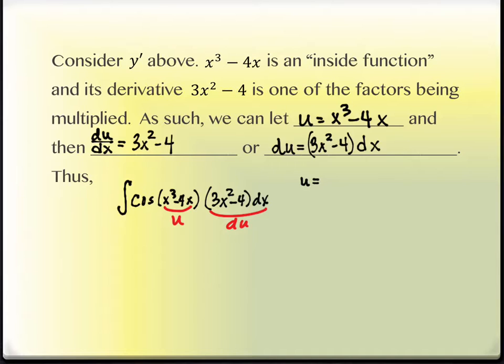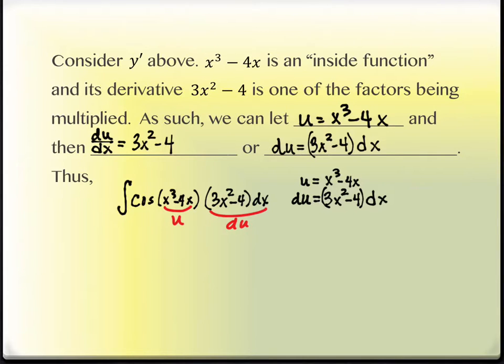We say, okay, u equals, and it's the inside function, it's the x cubed minus 4x. And then the derivative of u, that is du, equals 3x squared minus 4 dx with respect to x. So I tend to jump over writing the du dx equals out and then moving the dx to the other side and simply go to that specific spot. If that's frustrating to you, then feel free to do it in 2 steps so that you can see those pieces shifting around.